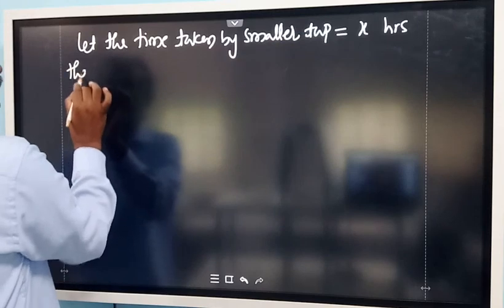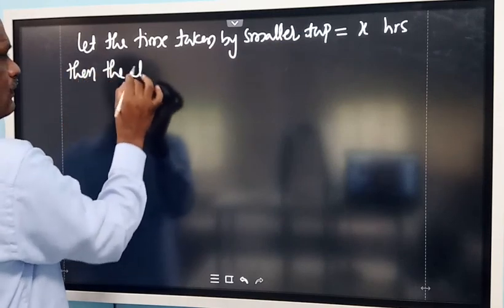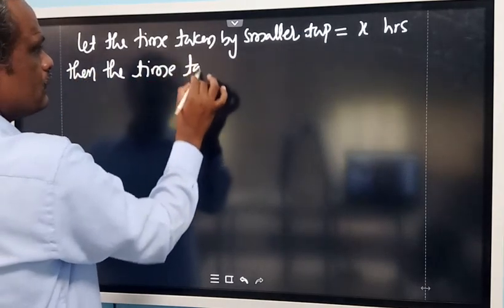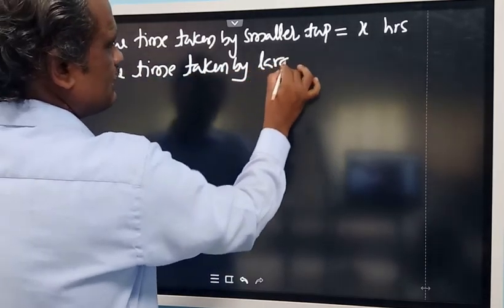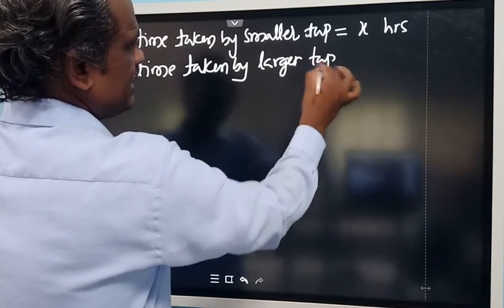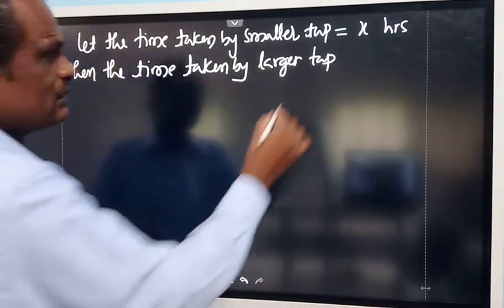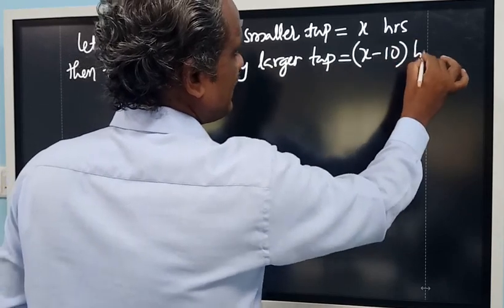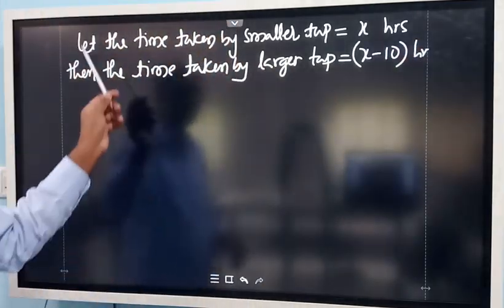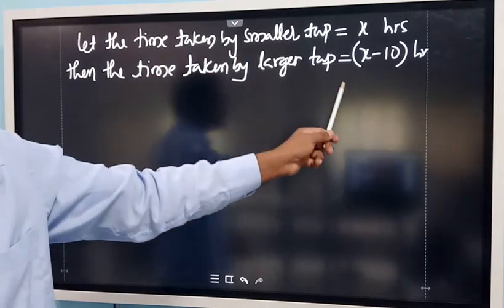Then the time taken by the larger tap, the tap of larger diameter, should be X minus 10 hours. This is the relation that they have given. This is the time taken by the smaller tap, and the time taken by the larger tap.